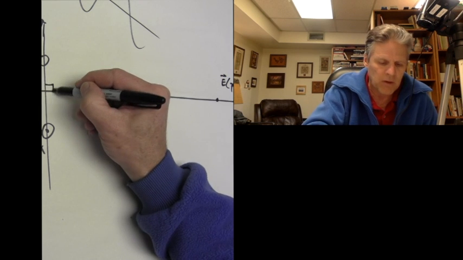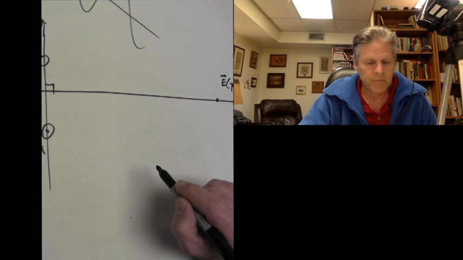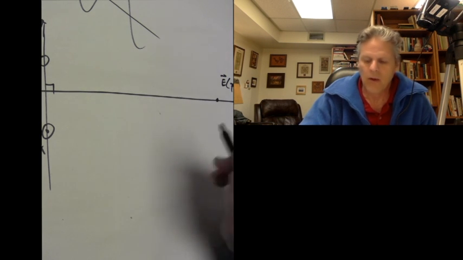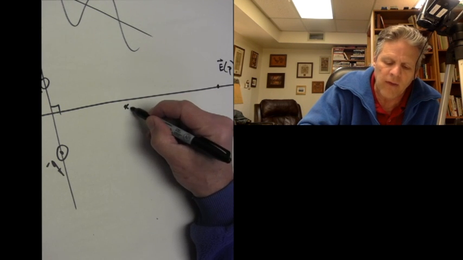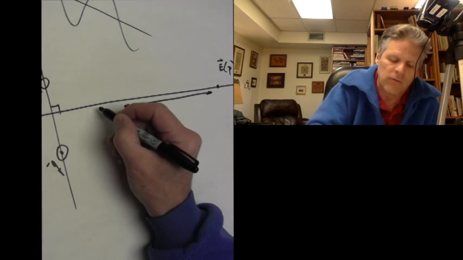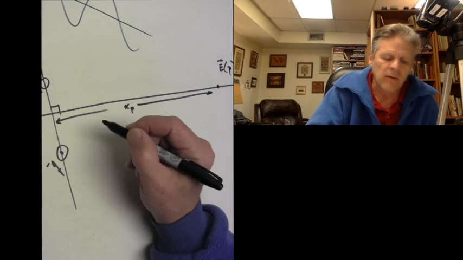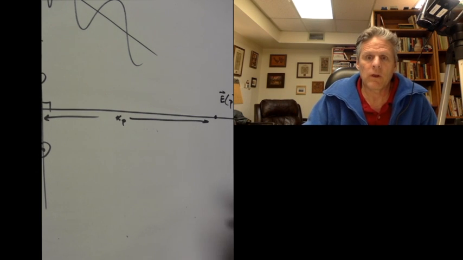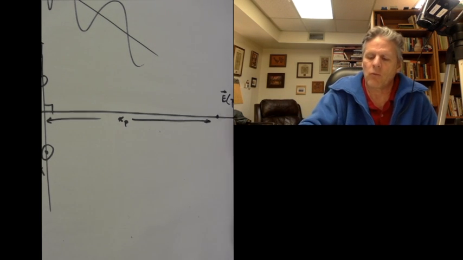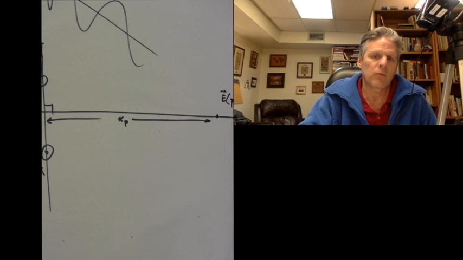Okay, let's see, do I have all the information here? Yes, but let's flesh it out just a little. This is x sub p. We're just defining that. X is a value. And then what do we need? What are we asked? We're asked, what is the electric field at this point?